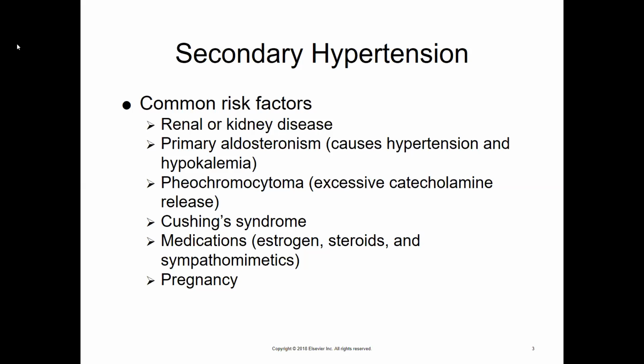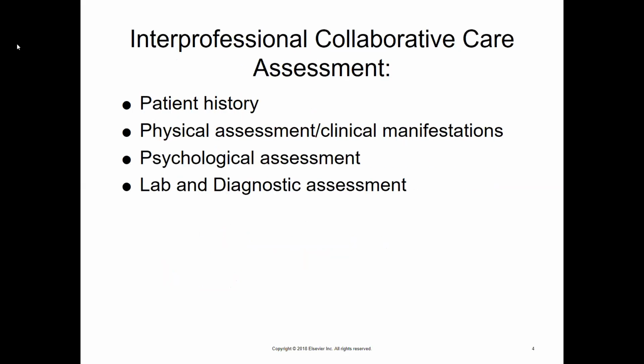So if this secondary hypertension goes prolonged, if it's untreated, if it's poorly controlled, it can cause peripheral vascular disease, and that can affect the heart, it can affect the brain, the eyes, the kidneys. So you want to make sure this is treated if possible in our patients.